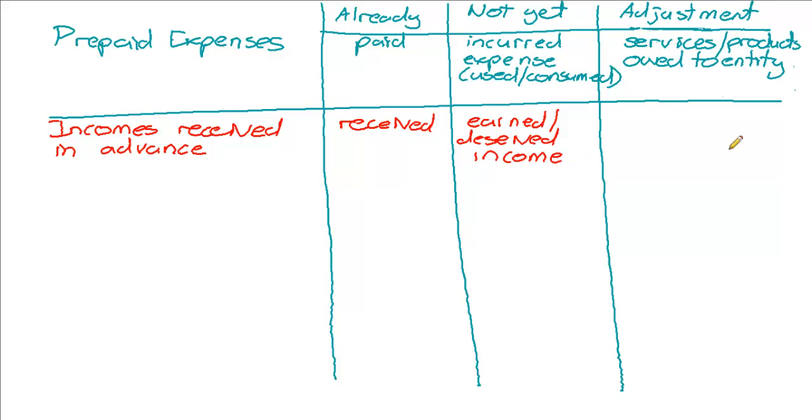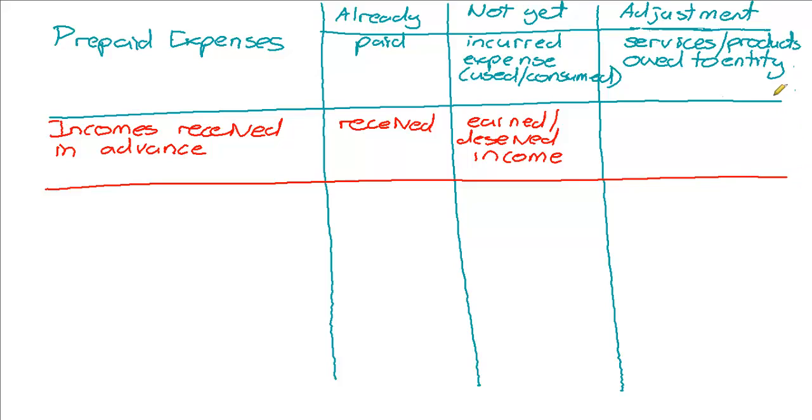For example, we may have received rent for a whole 12 months, but we've only provided the office space or the vehicle or whatever it is that is being rented from us as the entity for a shorter period.